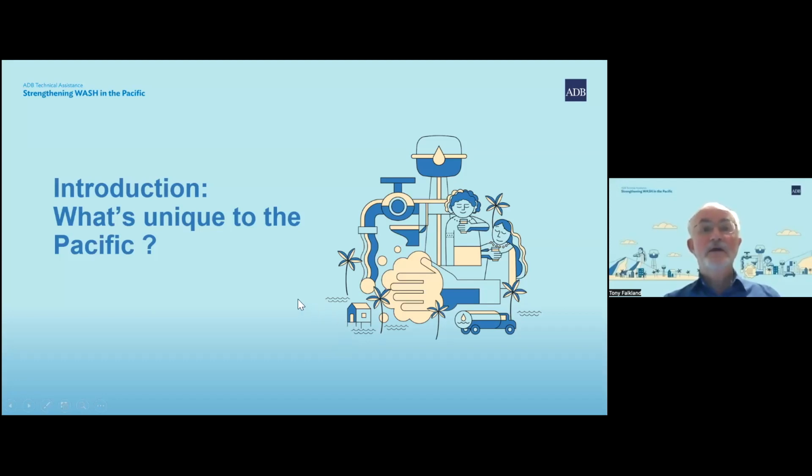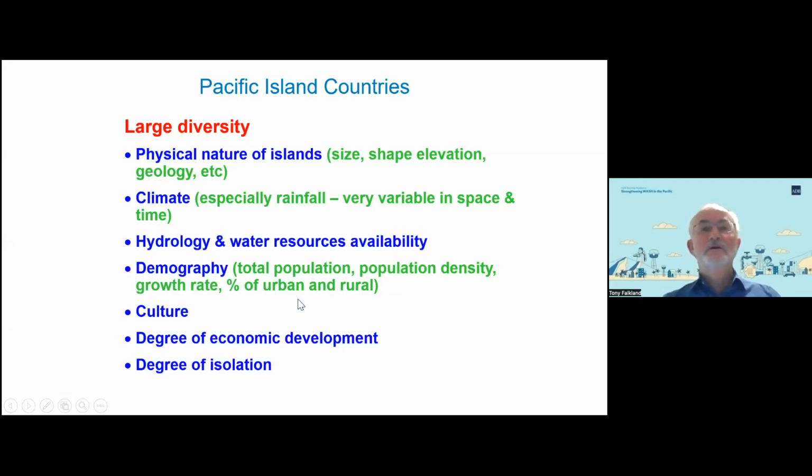So I'll be taking you through a few slides to look at what is unique or special to the Pacific Islands. And one thing that stands out is the large diversity across the Pacific Islands. This covers the physical nature of islands in terms of their size, shape, elevation, geology, and other factors. And these would be climate, especially the rainfall, which is very variable in space and time.